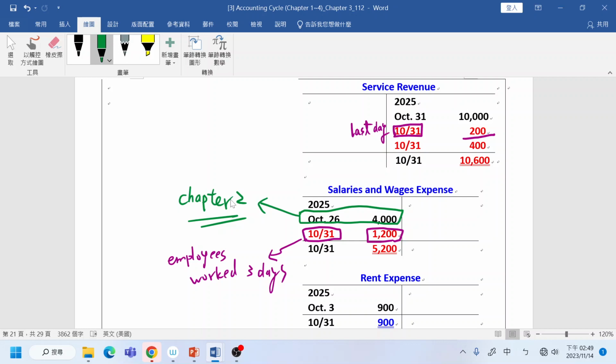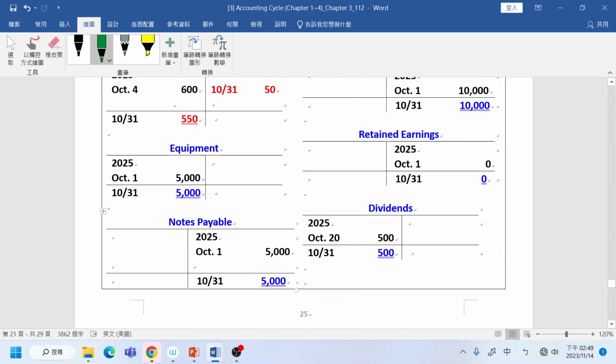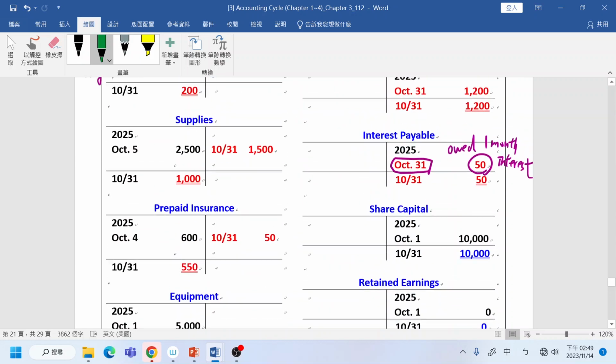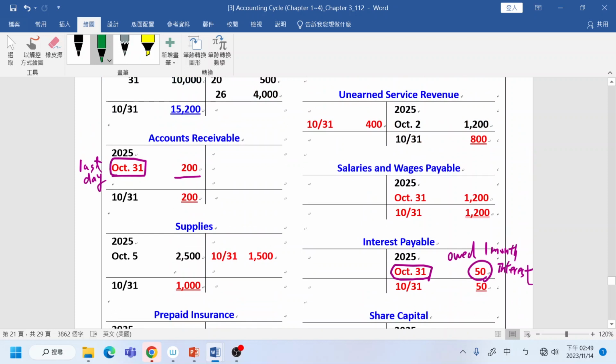Okay, so for the credit, we still owe them money, right? Salaries. So go to page 25. Page 25, what happened? Here you show that on the last day you still owe them money, salaries. So you owed 3 days of salaries.